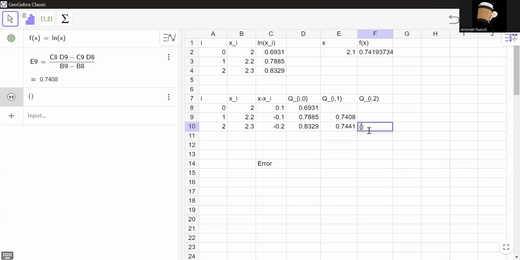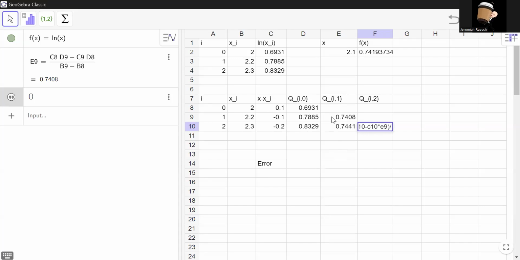So we're going to take, let's see, what do we have? We have C9. Okay, we have C8 times, so we're going here to this value, E10 minus, we're going to go with this value, C10 times this value, which is E9.